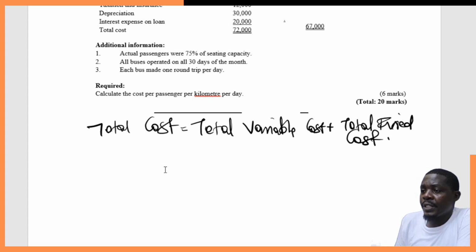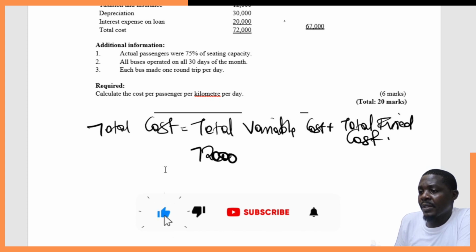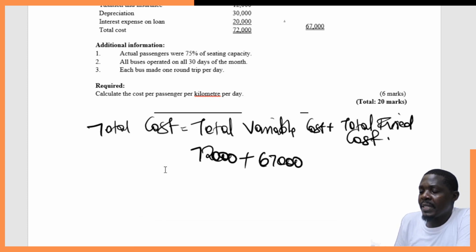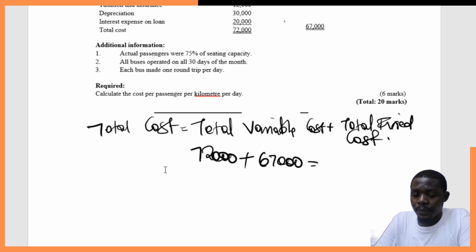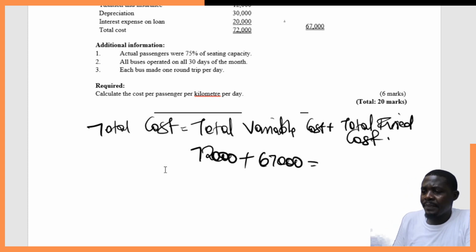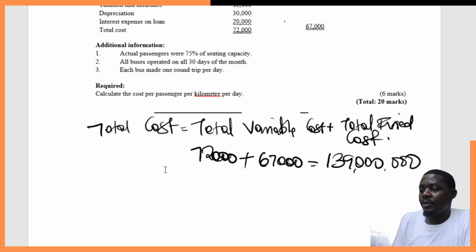The total fixed cost here is 72,000, remember we are carrying 3 zeros, so 72 million, plus 67 million. When you add 72 plus 67, we have 139 million.